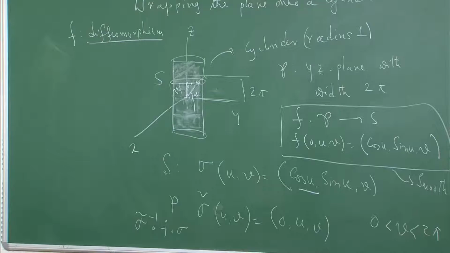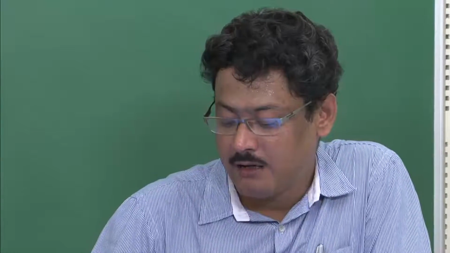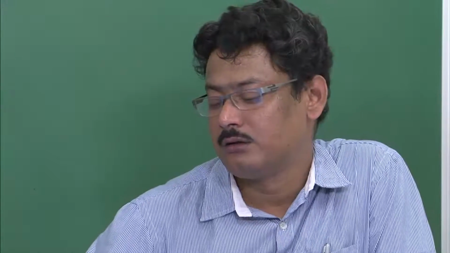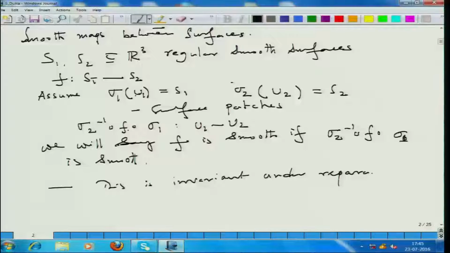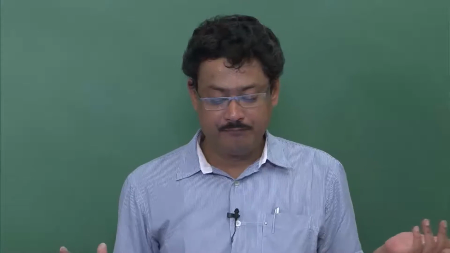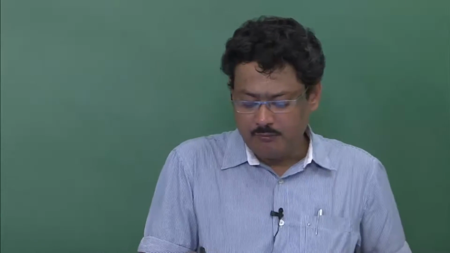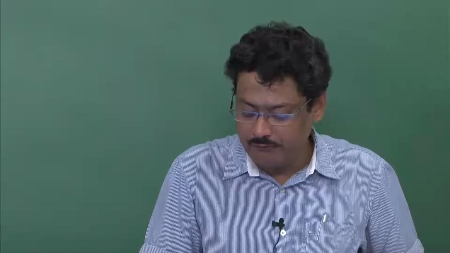So, this definition is invariant under reparameterization. That is the way we have done it, right? Come to think about it, if S1 and S2 are the same, then under reparameterization the map will be smooth if for every reparameterization sigma 1 and sigma 2 it will be smooth.